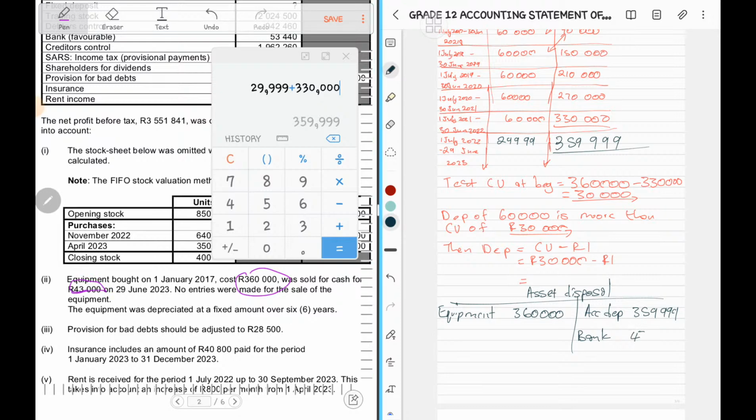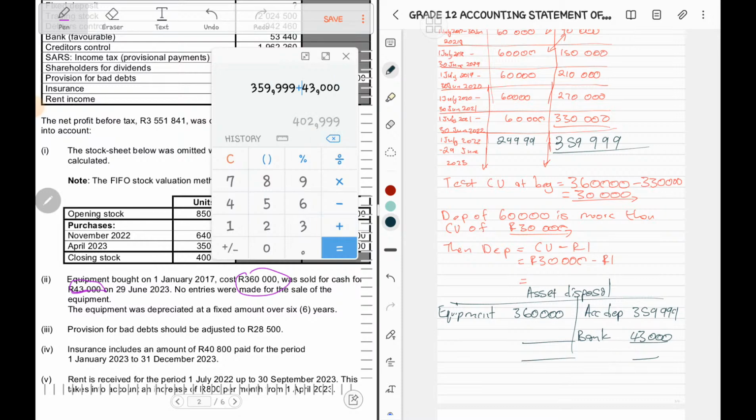So here we write 43,000. Then we are to find the bigger side. Obviously the bigger side is the credit side. So when we take 359,999, then we add 43,000.